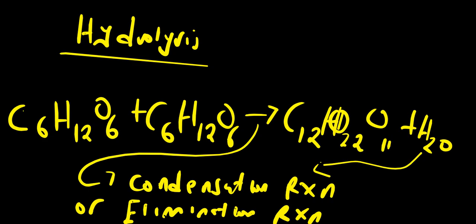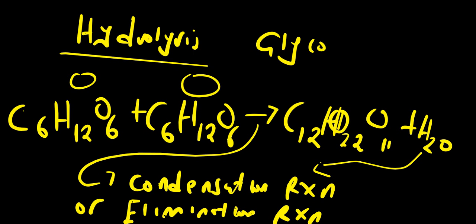And now when one glucose molecule is combining with another glucose molecule, you find that a bond is formed, and that bond is called a glycosidic bond.